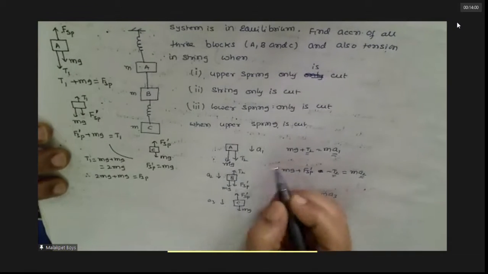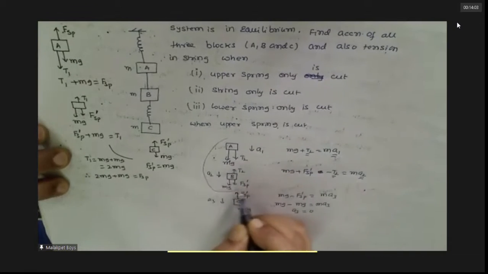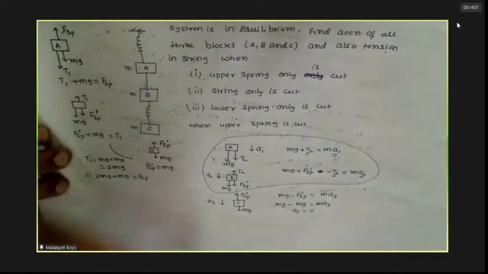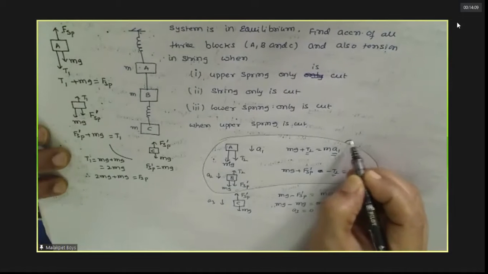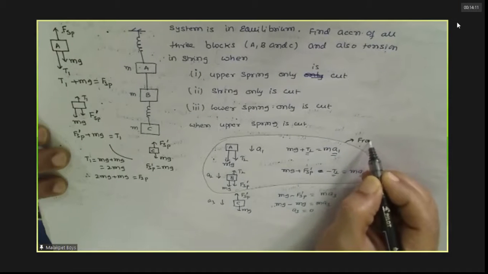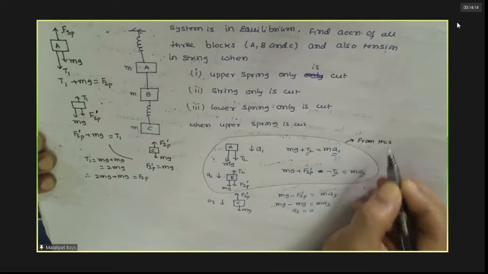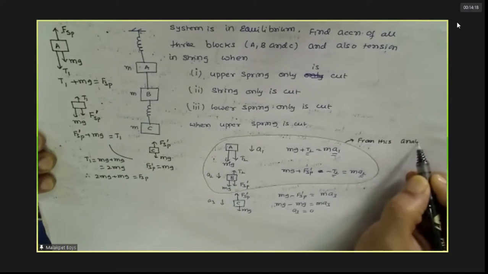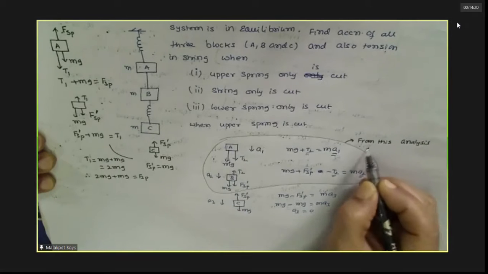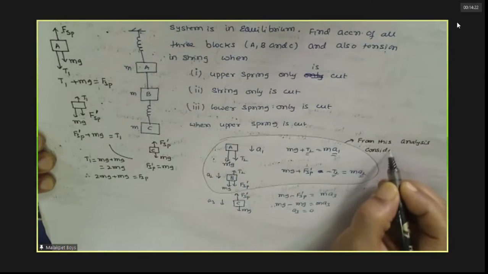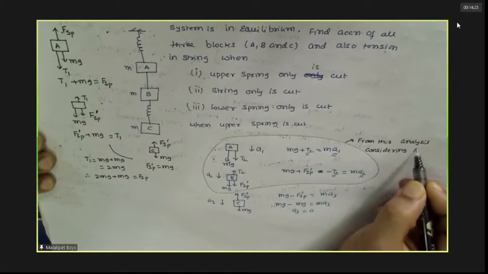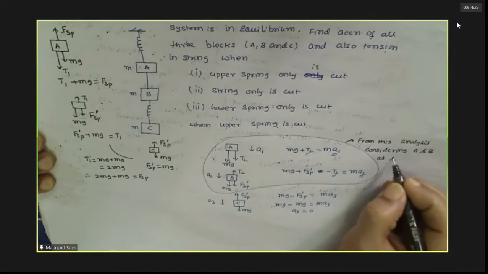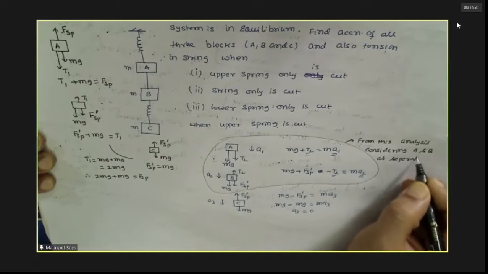If you take this as one system, you can see the drawback that comes over here, considering A and B as separate systems.